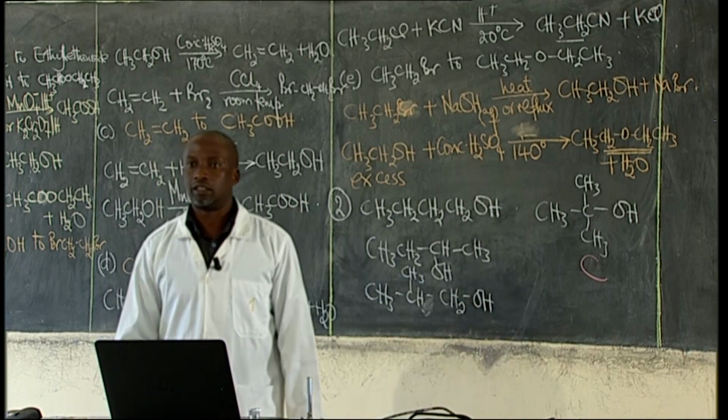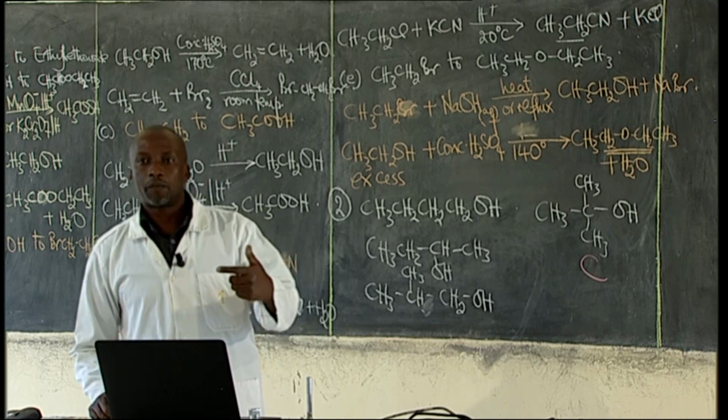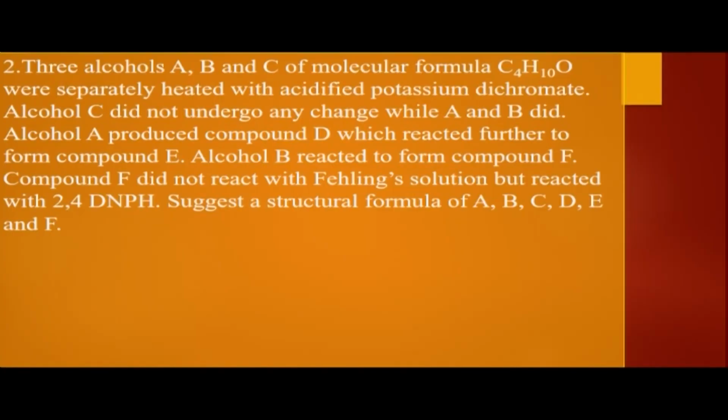That is automatic. Then they say alcohol C did not undergo any further change, while A and B did. So A and B have to come from here. Alcohol A produced compound D, which reacted further to form compound E. Alcohol B reacted to form compound F. F did not react with Fehling's solution.